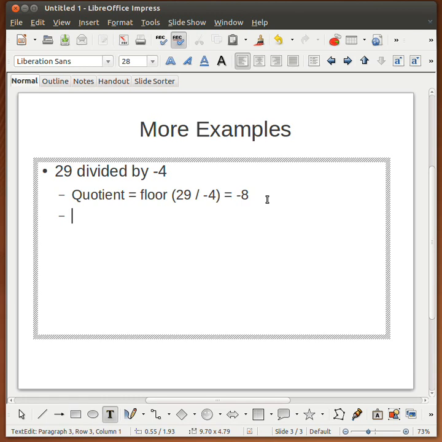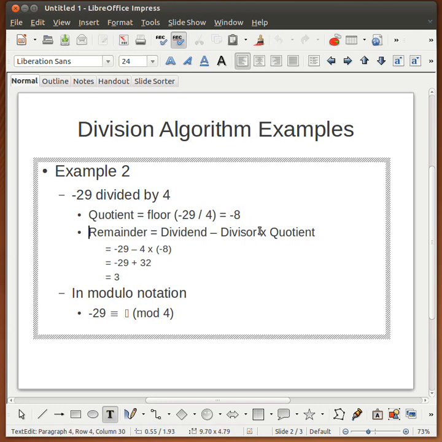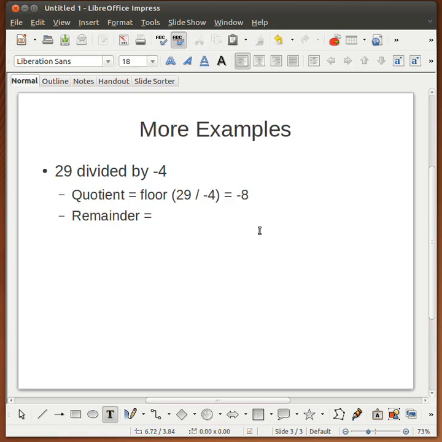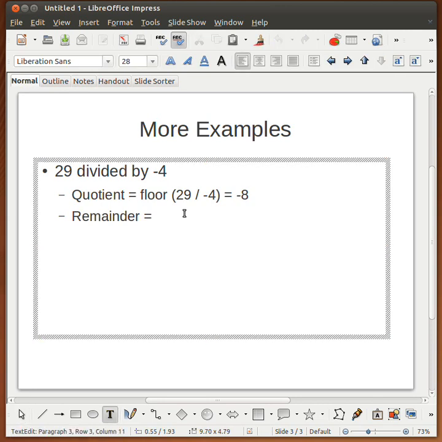Let's go to the remainder now. I will copy this equation from up here. Here we go. Oh, I'm sorry. Yeah, this should be removed.